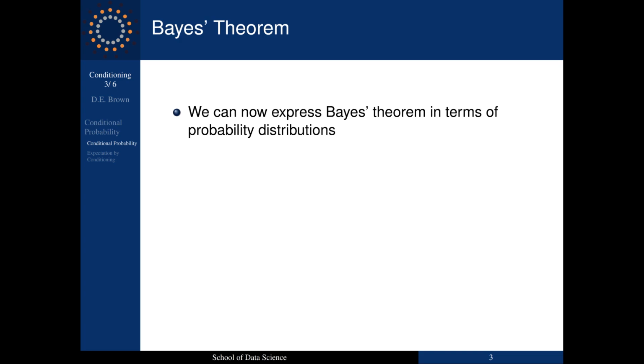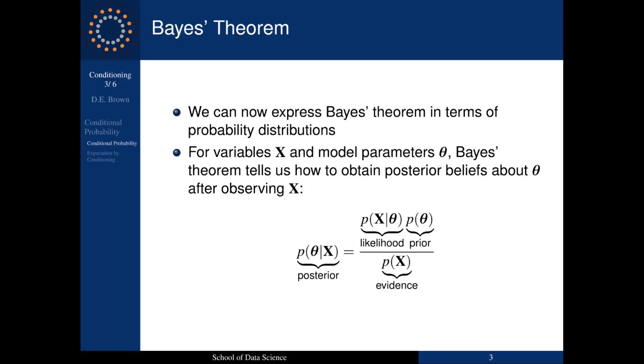So we can now express Bayes' rule using these probability distributions that we've talked about in the last few lectures. The way to think about it is that we now have a set of variables, and this X is actually a matrix, where the columns represent each one of the variables in our random vector that describes some particular area of interest.